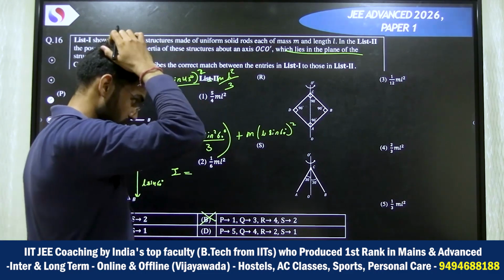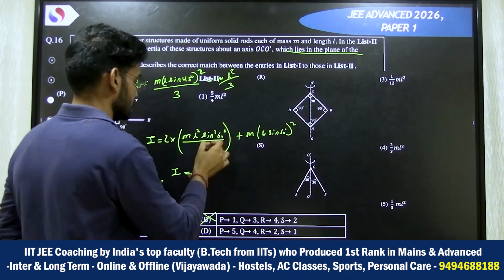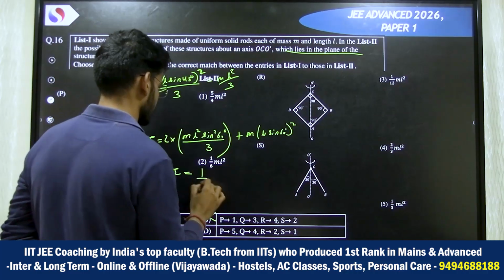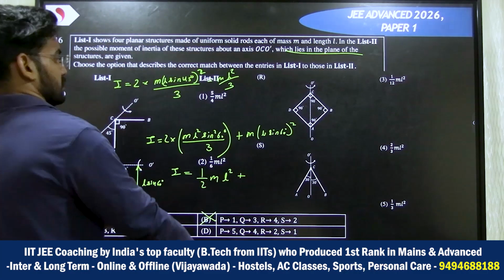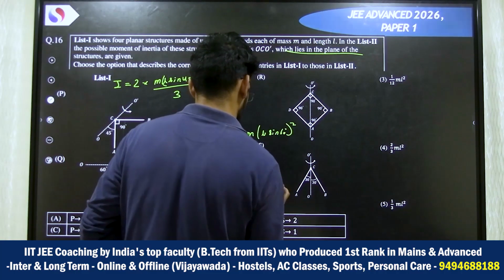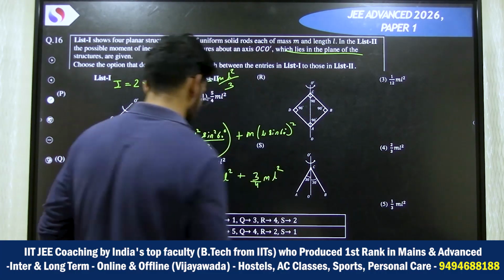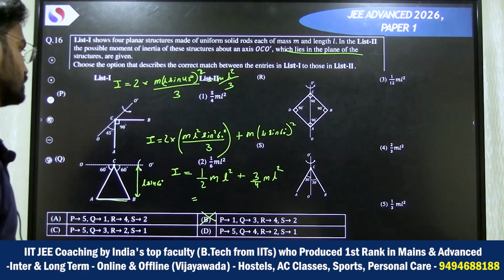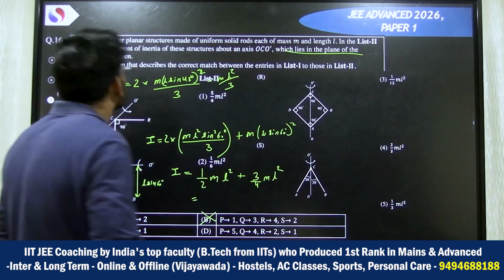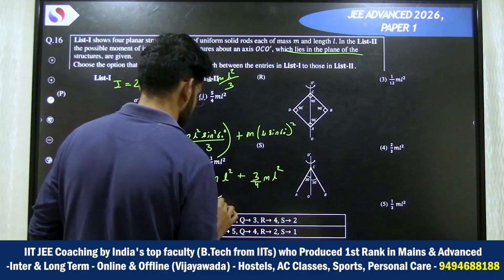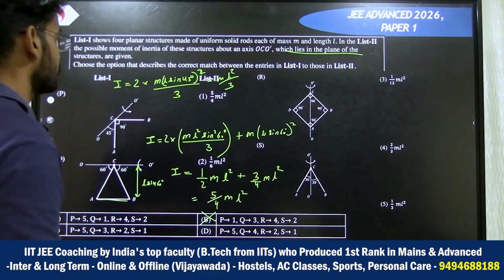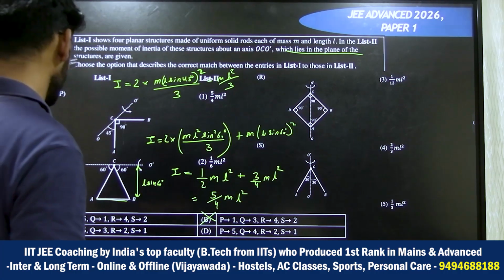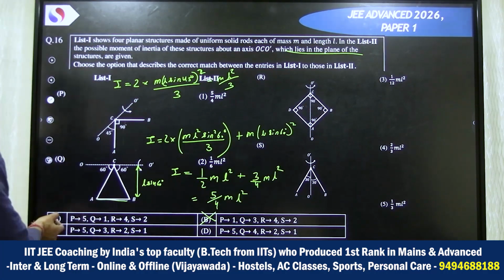Sine 60 is root 3 by 2, so that will be 3 by 4, the 3 cancels out, 4 and 1 by 2, ML square. Plus here L sine 60, 3 by 4, so 3 by 4 ML square. So 3 by 4 plus 1 by 2 is 5 by 4 ML square. Any option with 5 by 4? Q1, the A option. Okay, so I take the A option.